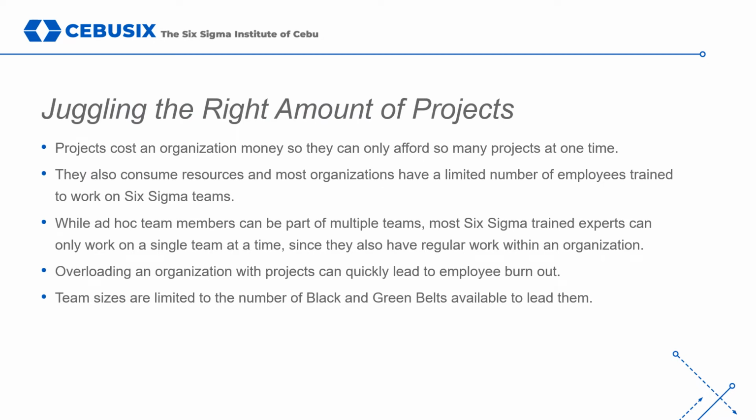A critical part of Six Sigma success for organizations is knowing when teams reach maximum project load. Even when organizations hire employees dedicated to process improvement, they can only sustain a certain number of improvement projects without substantially reducing the positive outcomes of those projects.